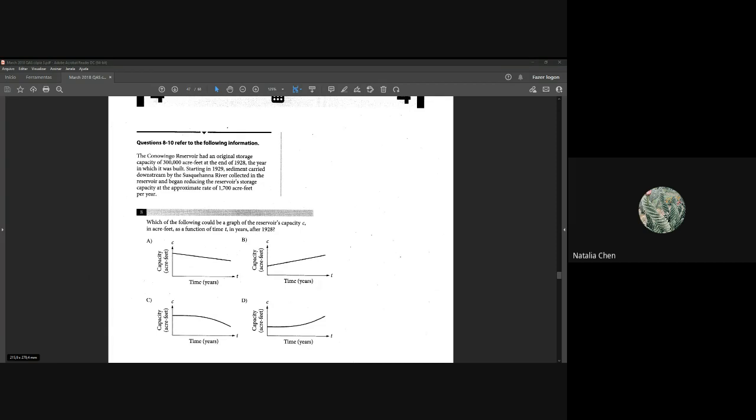Starting in 1929, sediments carried downstream by the Susquehanna River collected in the reservoir and began reducing the reservoir storage capacity at the approximate rate of 1,700 acre-feet per year. Which of the following could be the graph of the reservoir capacity C in acre-feet as function of time in years after 1928?